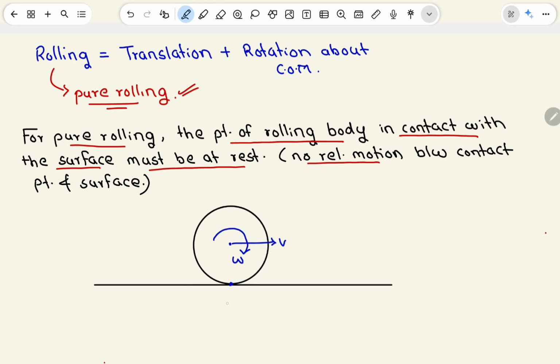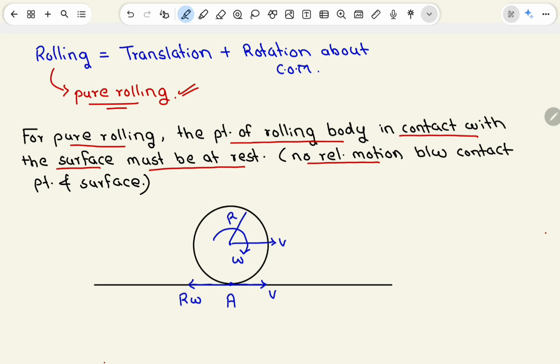The point at the bottom, which we name A, is the point which is making contact with the surface. Now, this point A has two velocities, one due to translational motion and another due to rotational motion. The velocity due to translational motion is v towards the right, and the velocity because of the rotational motion is r omega towards the left. We have defined r as the radius of the body.